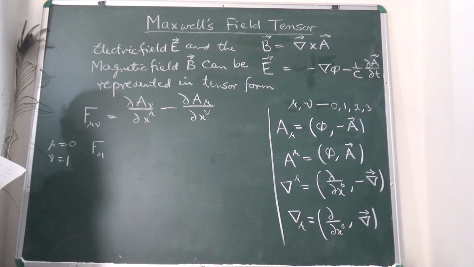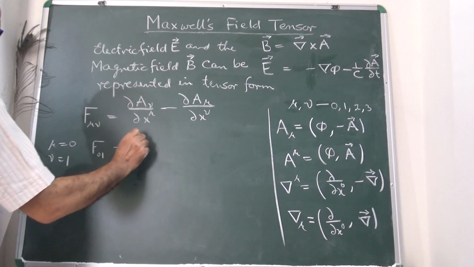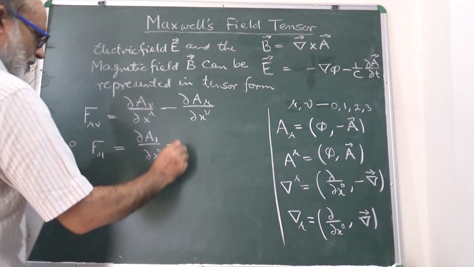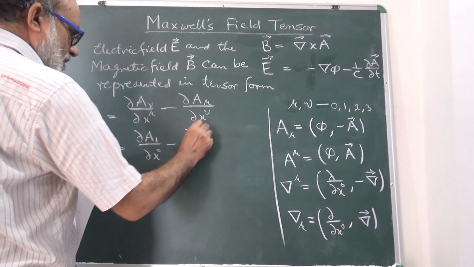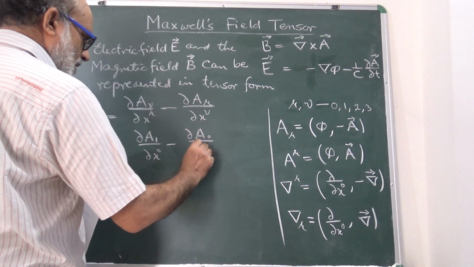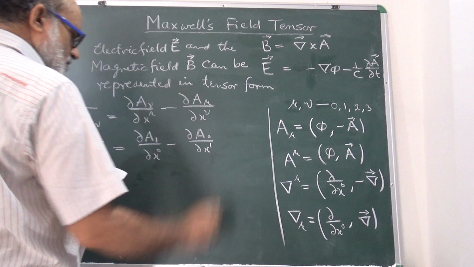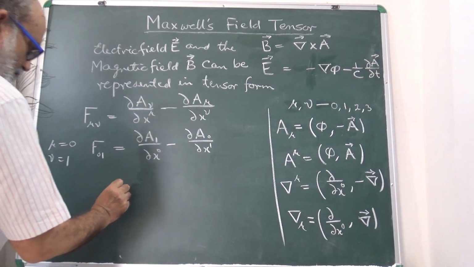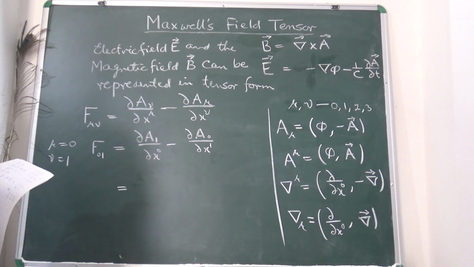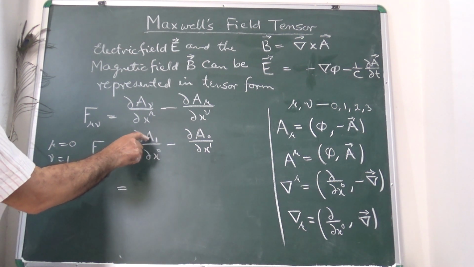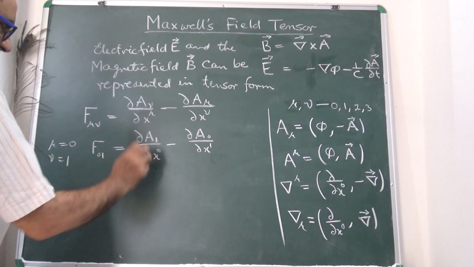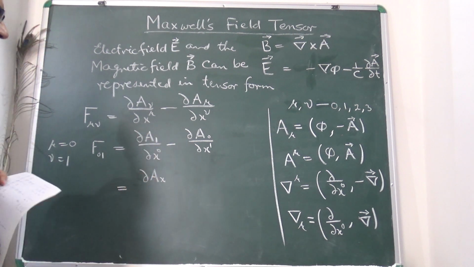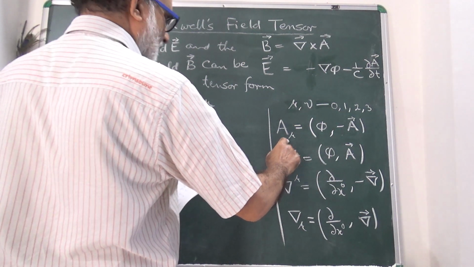F01. F01 is del A1 by del x0 minus del A0 by del x1. Del A1 is the x component, del A_x.